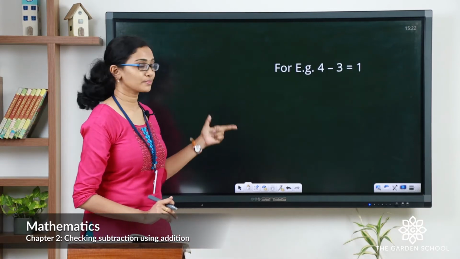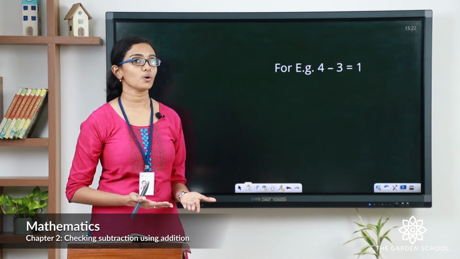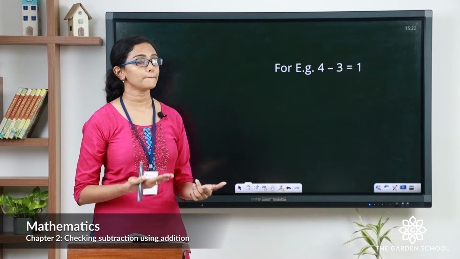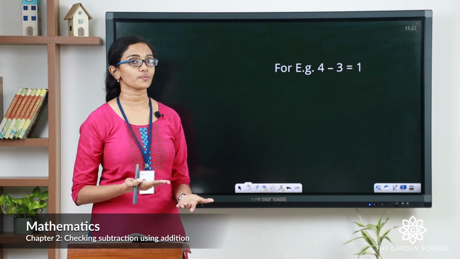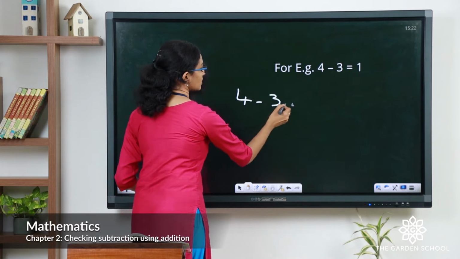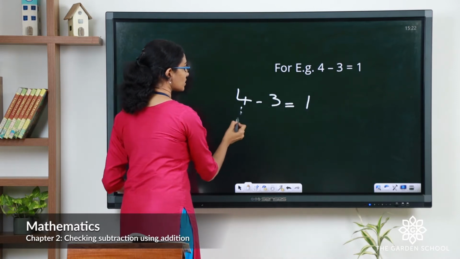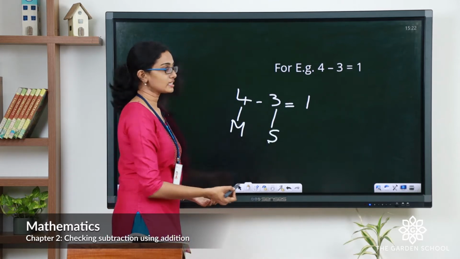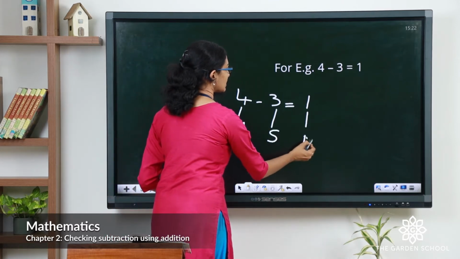Look at this very simple example. We all know 4 minus 3 equal to 1, or 1 plus 3 gives you 4, right? So 4 minus 3 equal to 1. Here 4 is the minuend, 3 is the subtrahend and 1 is the difference.